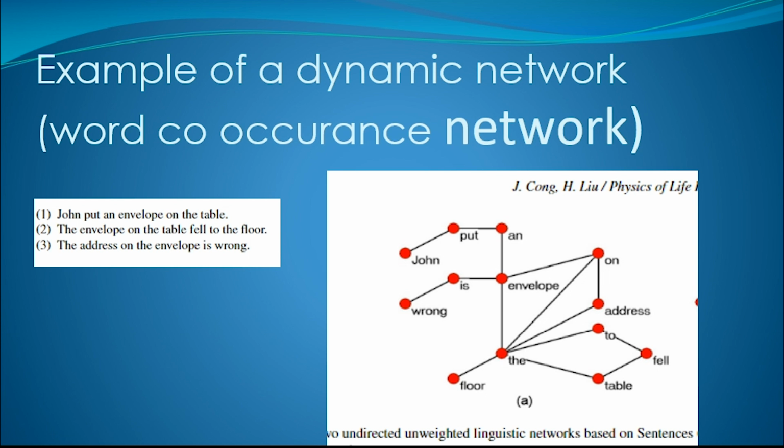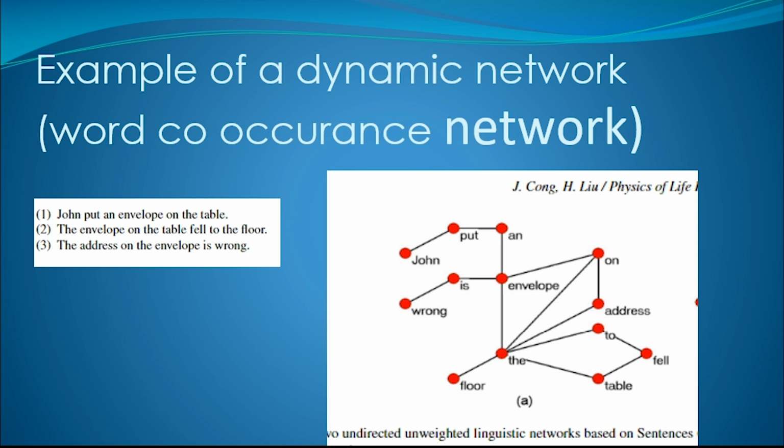Now we take these sentences and find out which are the words that co-occur in a sentence. John and put co-occur, right? Then, yes, John put an envelope on the table.